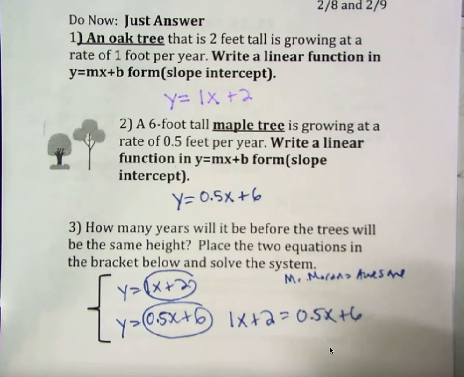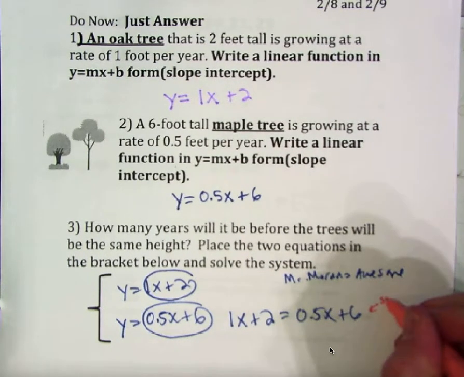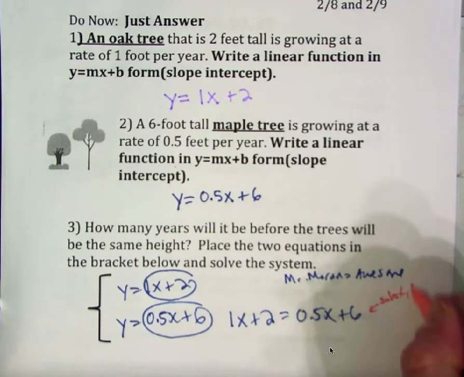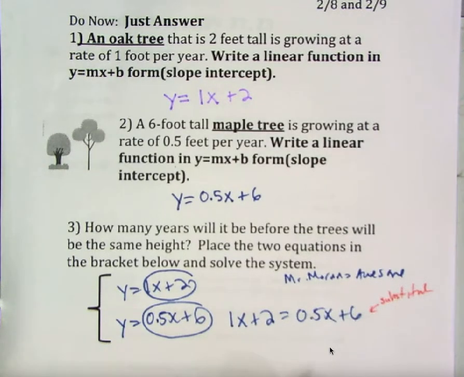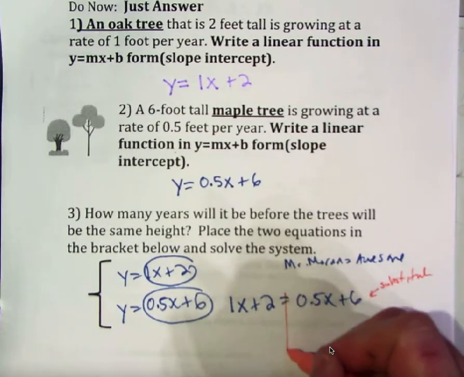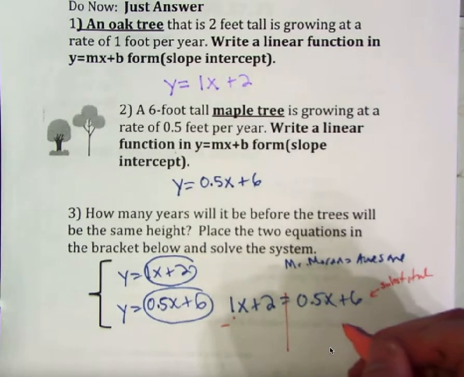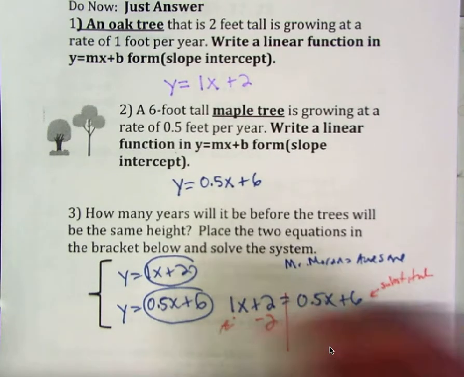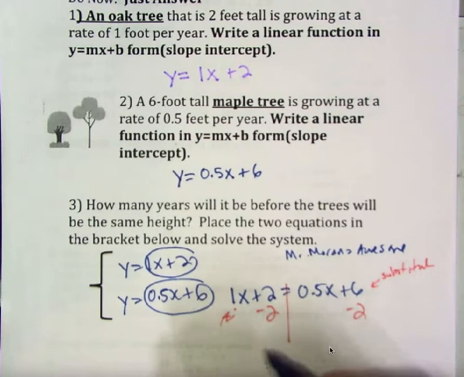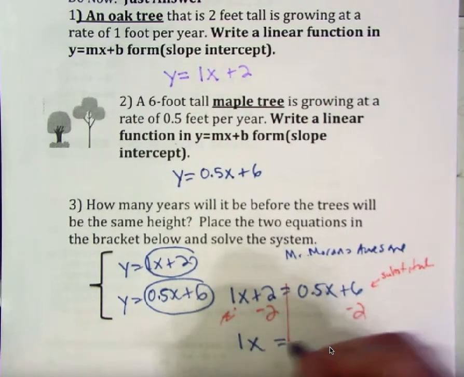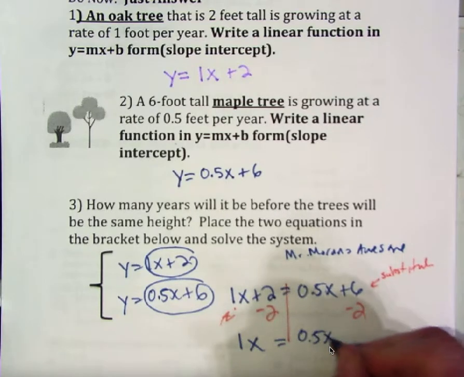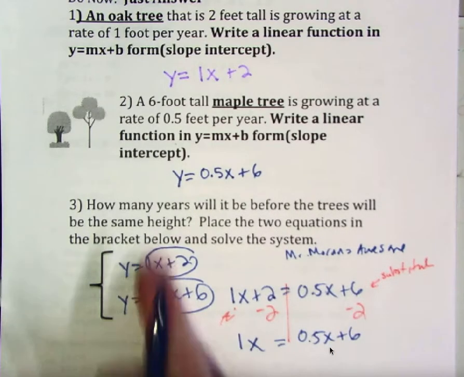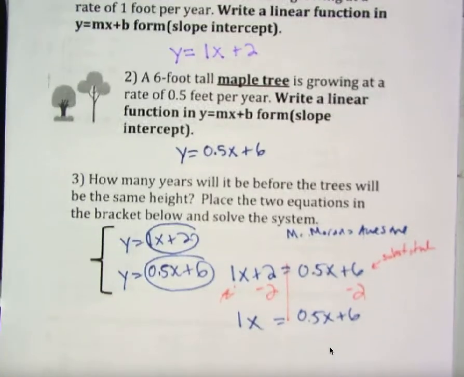And that's substitution, right? And that's the Mr. Moran equals awesome method. I'm going to take 2 away from both sides. And the great thing is that none of this other stuff is new. It's just putting it together that is the new part, right?